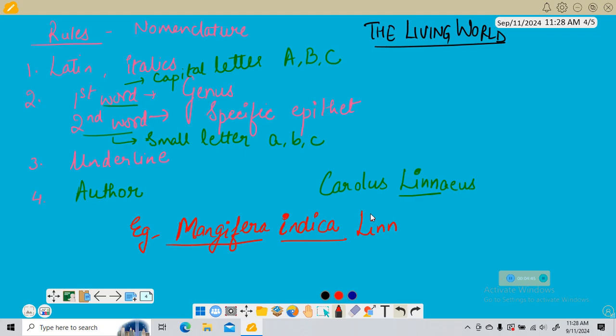Now it's very difficult to give a name to every living organism. Practically that's not possible, because there are millions of living organisms. So to make this process easy, here comes the system of classification.